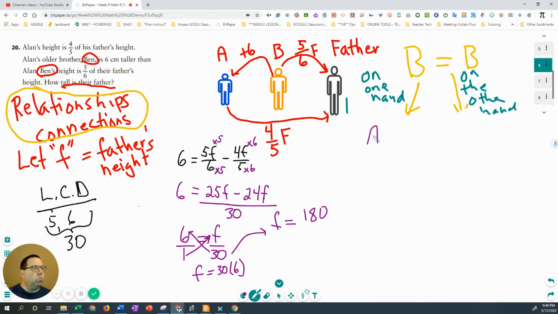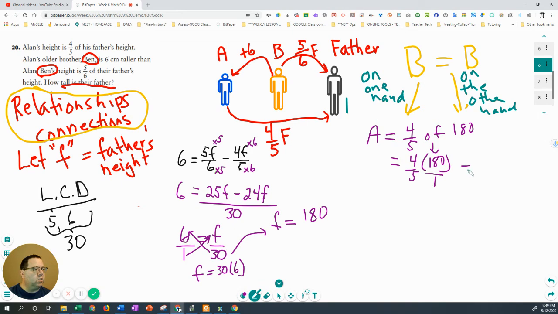So Alan was always supposed to be 4/5 of, now we know the father's height, of 180. Alan is supposed to be 4/5 of, meaning times, so we can just draw some brackets, 180 over 1.